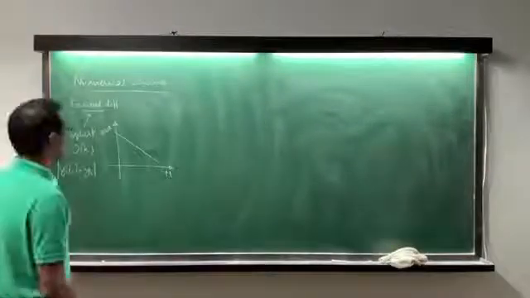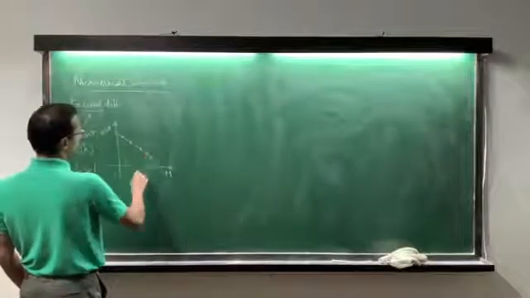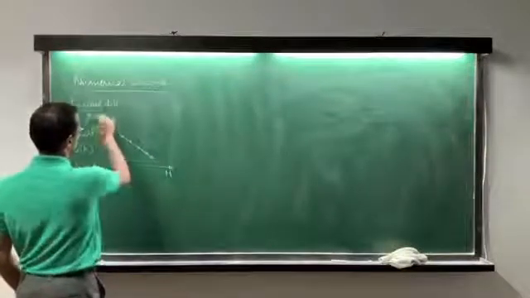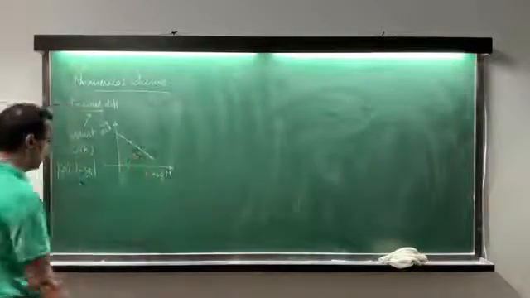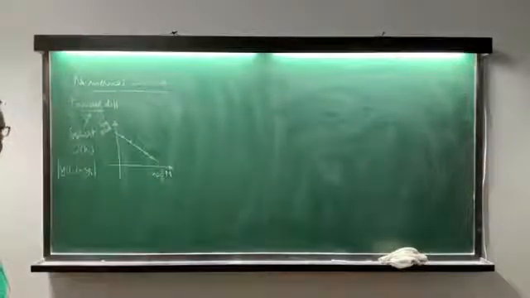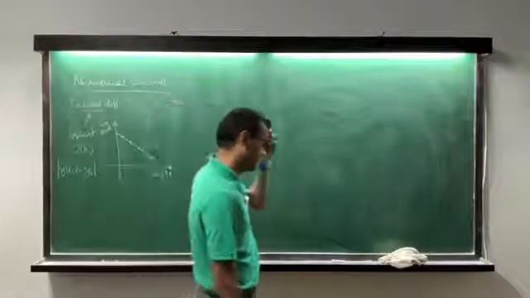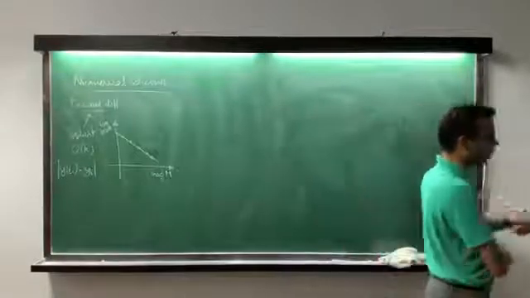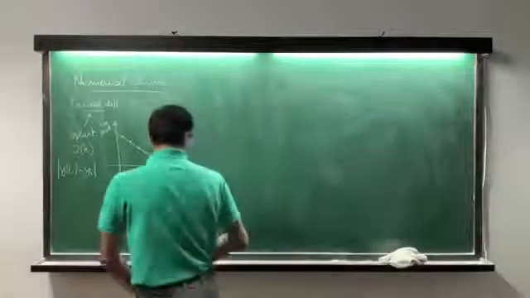The error will fall on a straight line in a log plot. So this is log, this is log, and the error will go as order of h. Okay, so that is about the forward difference.